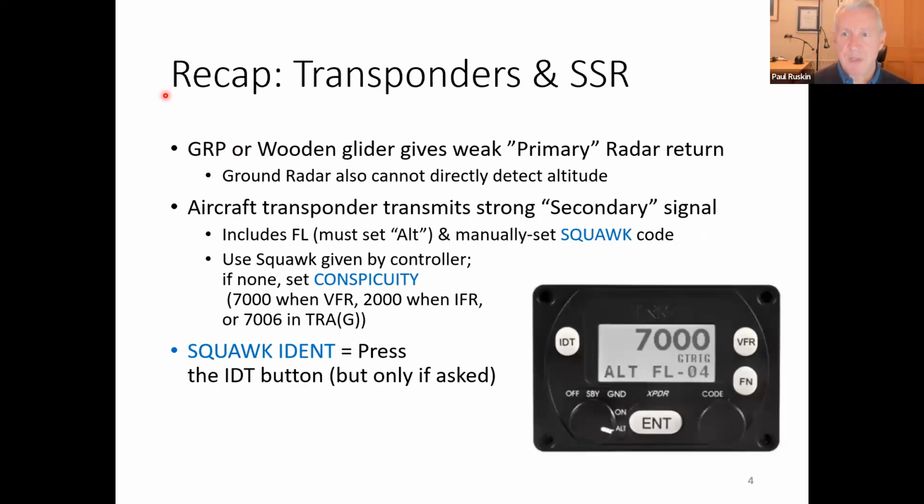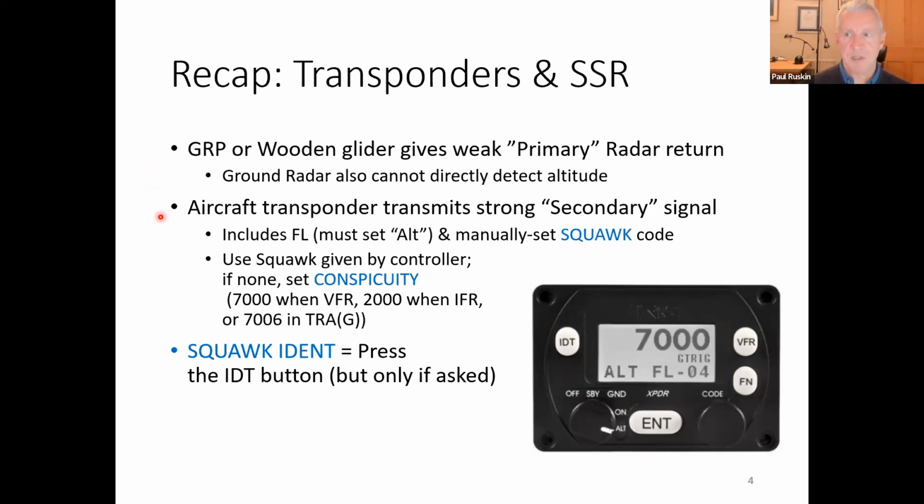So just to recap, you should have covered this in the material you've looked at. What we're talking about here is what most radar services are going to use. So rather than what's called a primary radar return, where they send out a pulse of energy and see what comes back by reflection, actually most air traffic control radars use secondary signals.